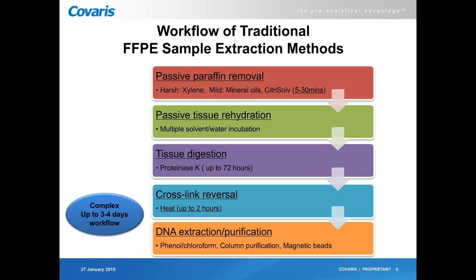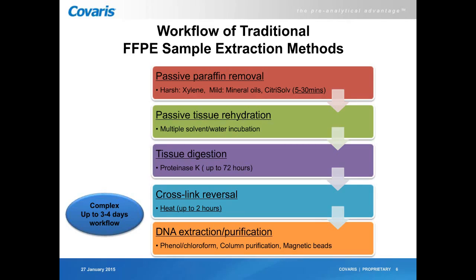You can then digest the tissue, usually with proteinase K, though sometimes other enzymes are used. Digestion time will vary greatly depending on the protocol, but it can be up to 72 hours. Then you have to reverse the cross-link by heat, at different temperatures from 80 to 90 C, for up to 2 hours, depending on the protocols.